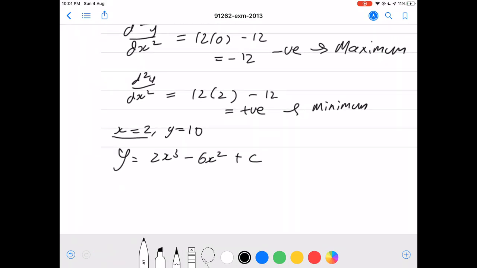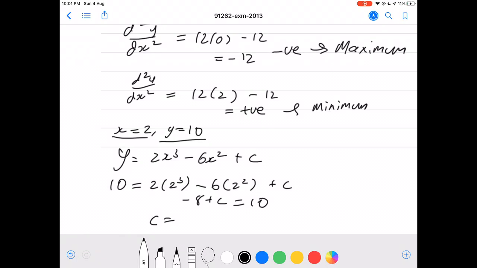So now I know when x equals 2, y equals 10. So 10 equals 2 times 2 cubed minus 6 times 2 squared plus c. So we just need to do a bit of calculator work here. So that gives us negative 8 plus c equals 10.